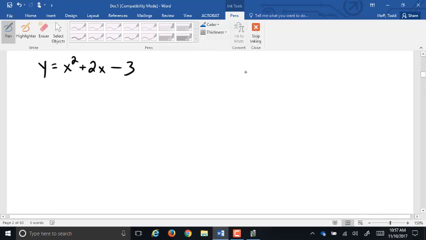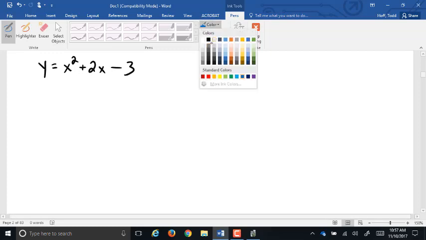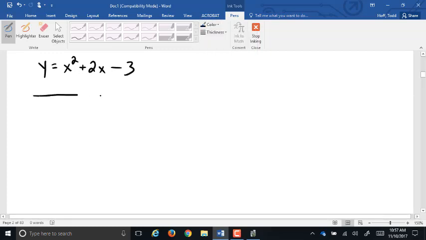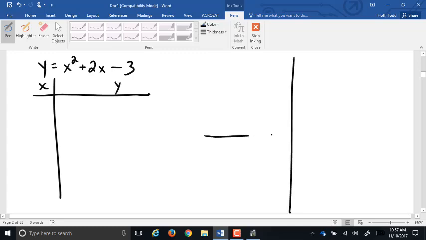X squared plus 2x minus 3. So again, I'm going to make a table. I want to pick values for x and figure out what y has to be.